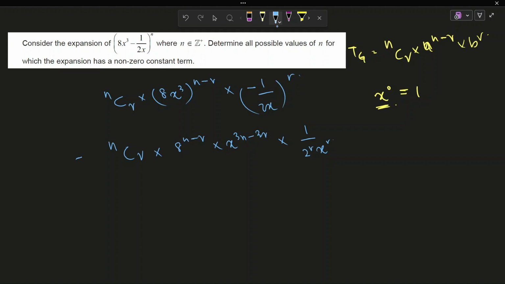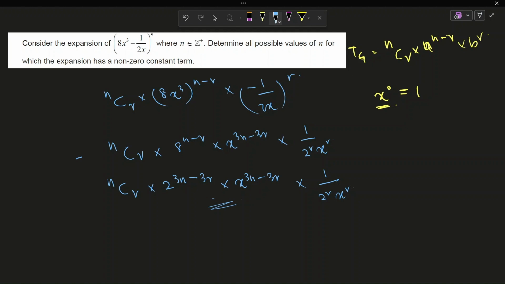We can simplify 8 to have a base 2, so that will be nCr times 2 to the power 3n minus 3r times x to the power 3n minus 3r times 1 by 2 to the power r and x to the power r. Now, since 2 to the power r times x to the power r is in the denominator, that means the x values on the left hand side, meaning these values, are being divided by these.